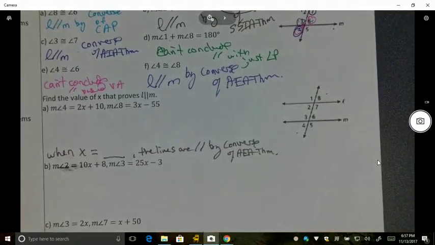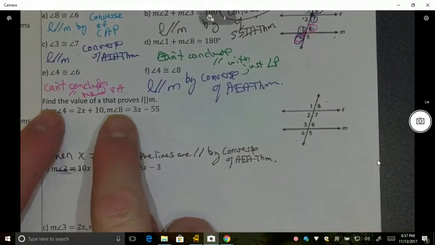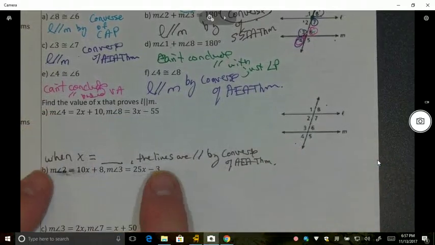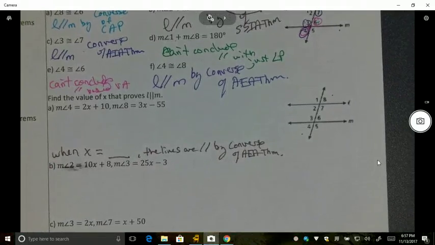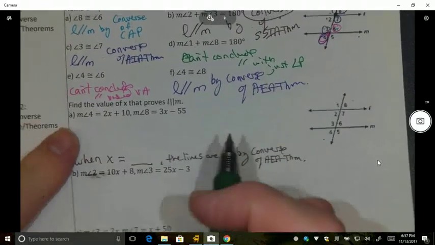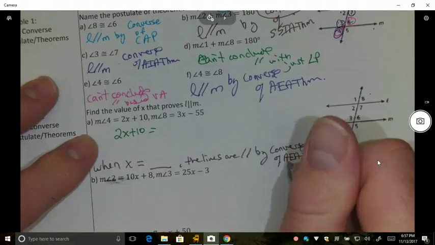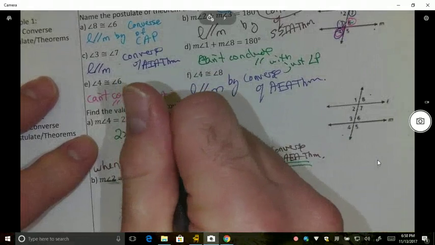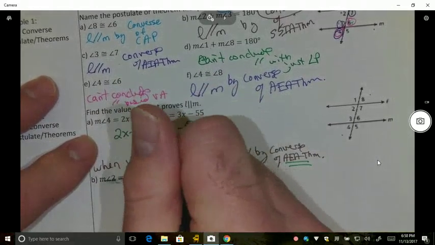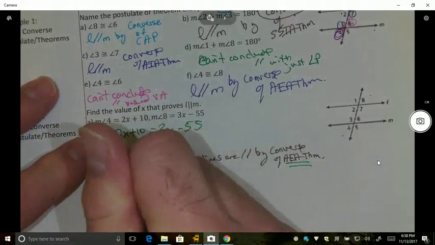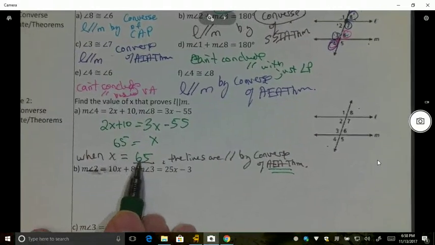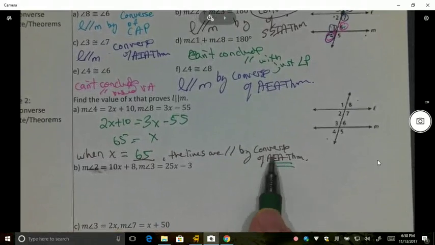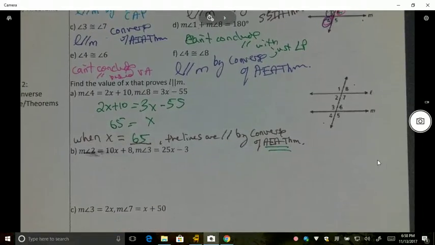Since 4 and 8 are alternate exterior, I could make the lines be parallel by converse of alternate exterior. But for that to happen, 4 and 8 must be congruent. So 2x plus 10 would have to equal the other expression, because alternate exterior have to be congruent for the lines to be parallel. So these have to be equal, subtract 2x, add 55. X would have to be 65. When x is 65, the lines will be parallel using the converse of alternate exterior angles theorem.